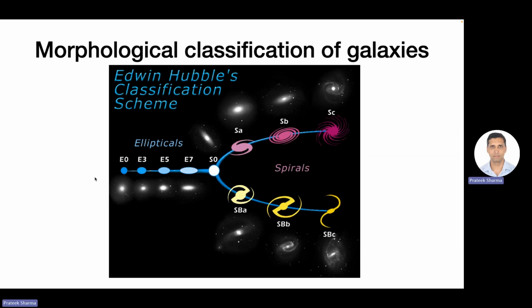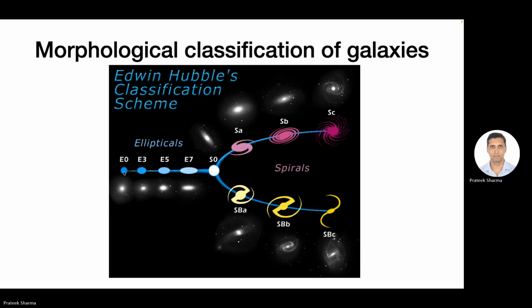Earlier, people thought this was some sort of evolutionary sequence, like the Hertzsprung-Russell diagram of stars, where stars live on the main sequence and evolve off along certain trajectories. But that's not quite correct. This is not an evolutionary sequence, and yet the tradition is still used. The galaxies don't evolve along it.